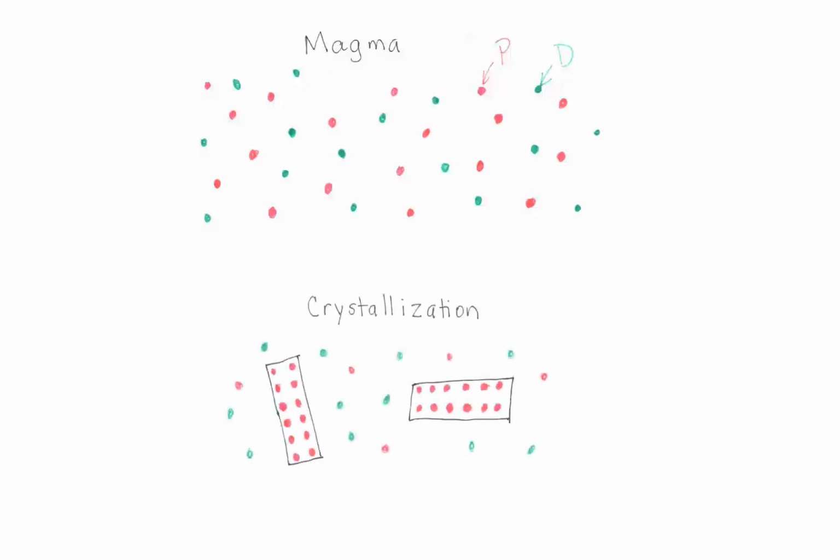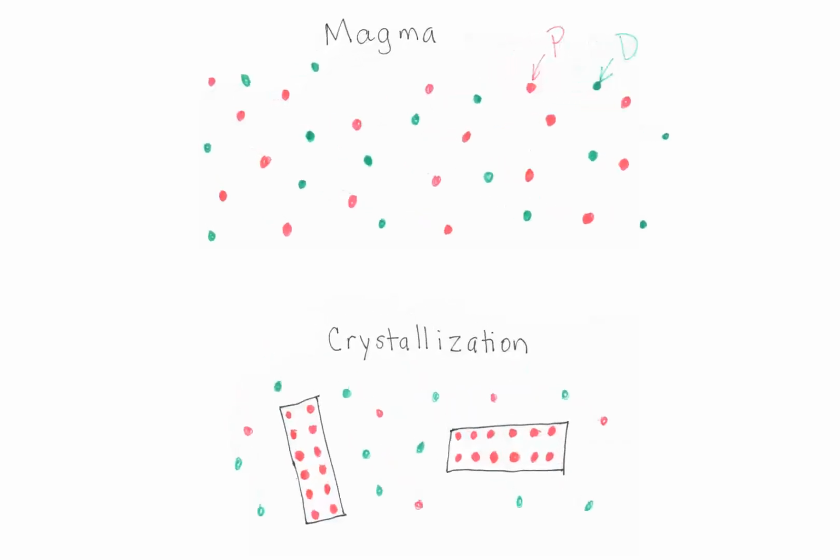Let's see what happens. In this case, we're assuming that only the parent isotope atoms, the red ones, are the right size and charge to fit in the mineral crystal structure, and the stable daughter isotopes, they're not the right size or whatever, they don't fit in, so there's none of those trapped in this mineral when it crystallizes.